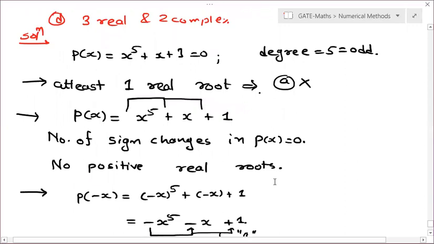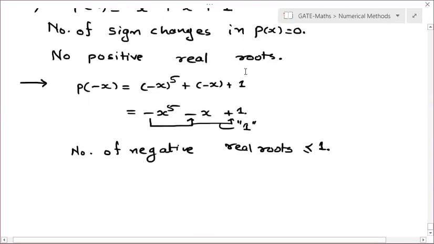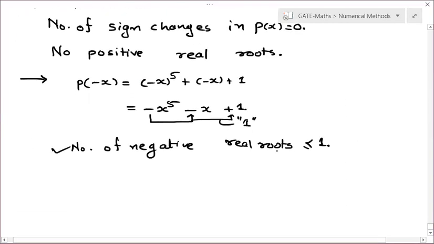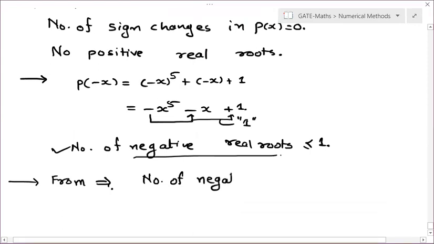Now here they are telling that it has at least one real root, that means a minimum of one real root. And here it says a maximum of one negative real root. So from these two statements, I can say there is only one real root, which is negative.